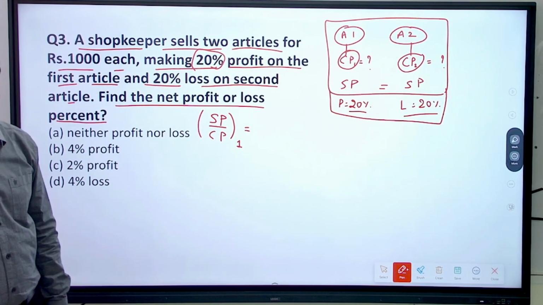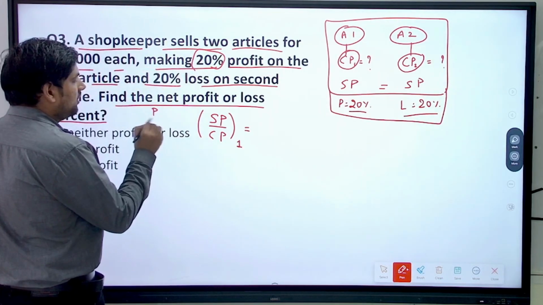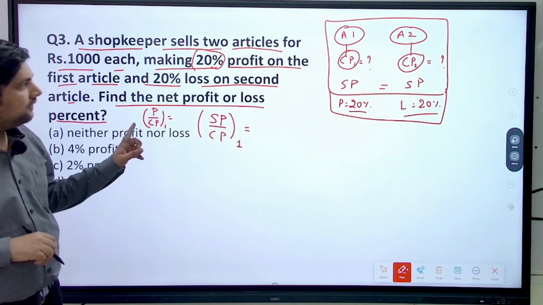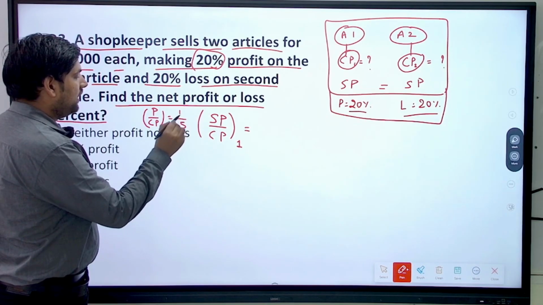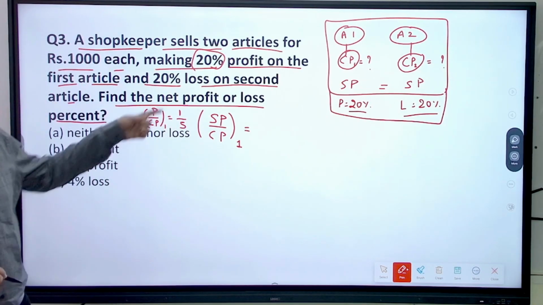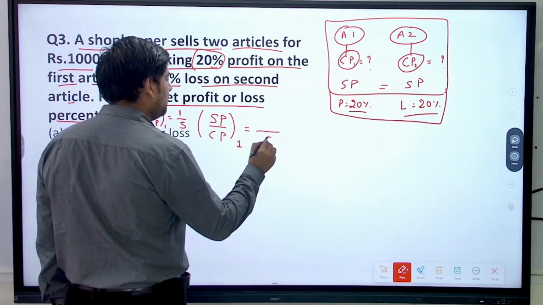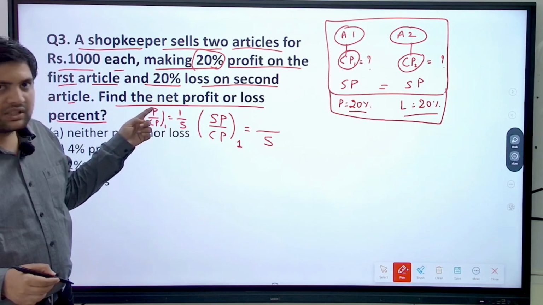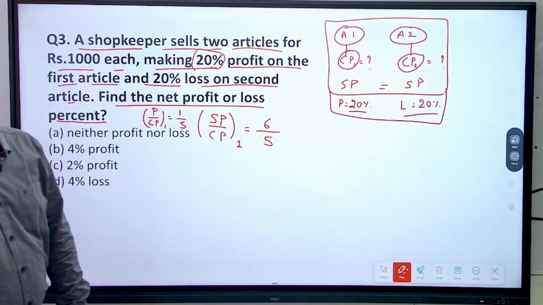So, I can write that profit by cost price for the first item is 20%, and 20% means 1 by 5. That means P by CP is 1 by 5. So, what will be SP by CP? CP will be 5 again, SP will be CP plus profit, that is 5 plus 1, 6. So, this becomes 6 by 5.